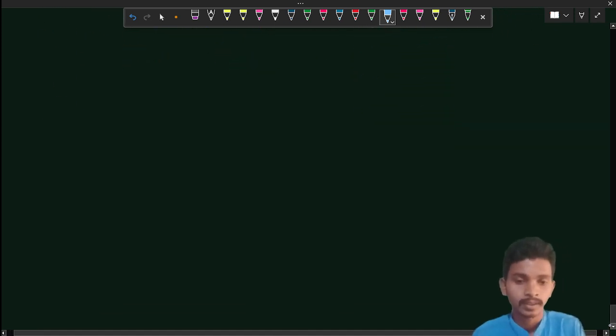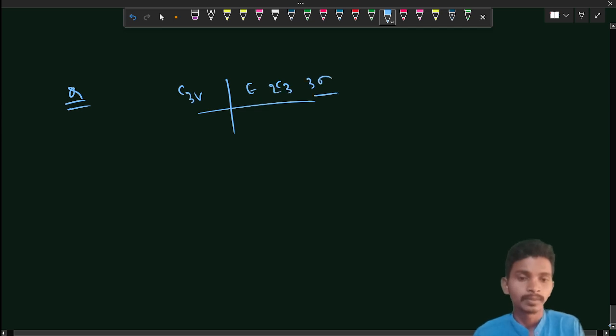So if in questions it will be given, let's say for C3v, then it's C3 and sigma v, and its reducible representation will be given.